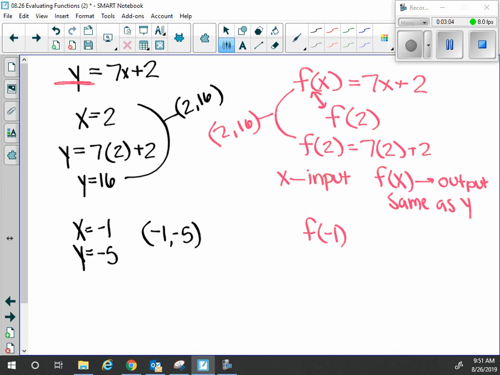Yes, right? What did I replace with negative 1? X. Okay? This has nothing to do with multiplying negative 1 by f. This is the name of the function, and this is the input. There is no multiplication involved.